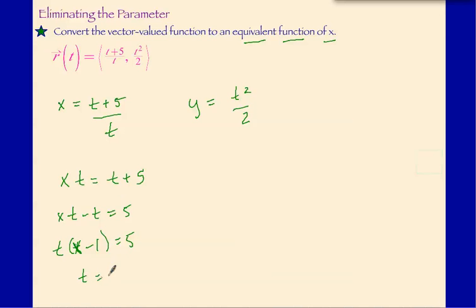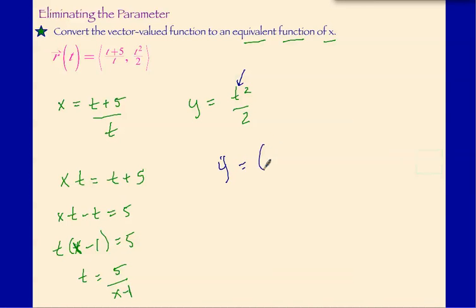Dividing both sides by x minus 1 would give me t equals 5 over x minus 1. Sorry, getting ahead of myself there. Okay, so back to replacing it now.